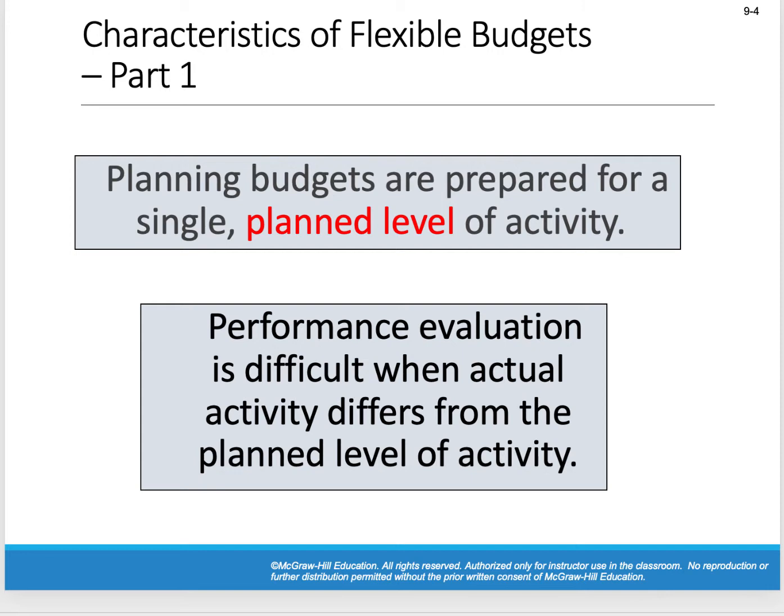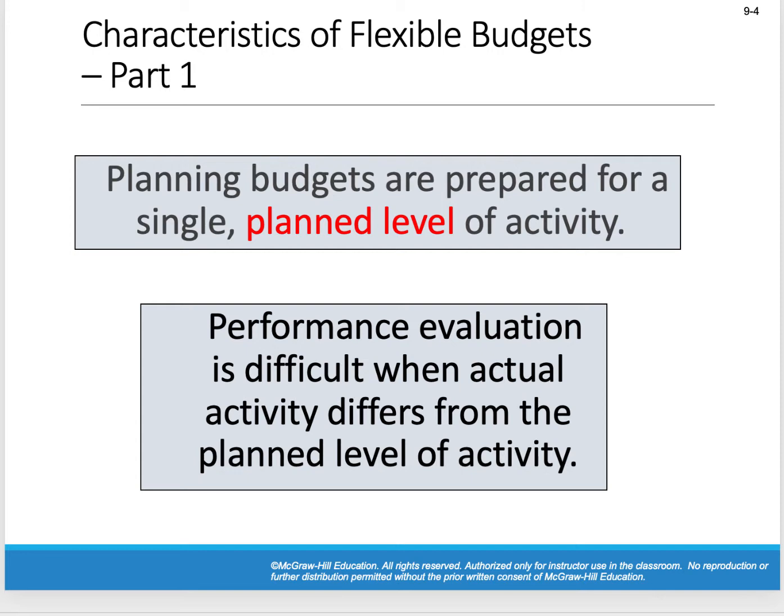Those were our planning budgets. Here's the planned level of activity. We think our sales are going to be $1,000 in January, $2,000 in February, and $3,000 in March. Okay, so we're going to prepare a budget based on that planned level.